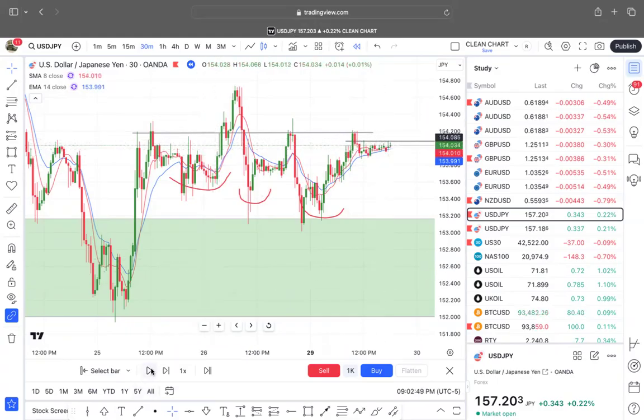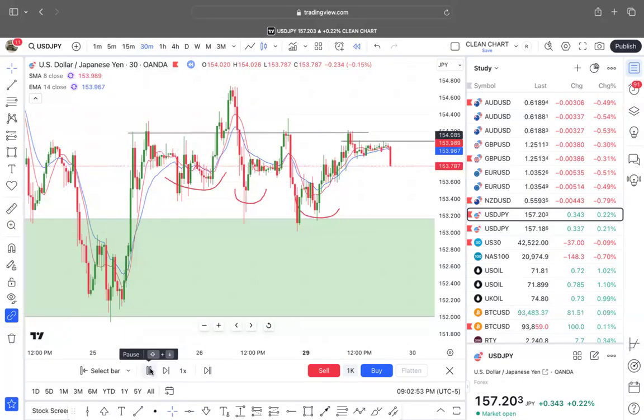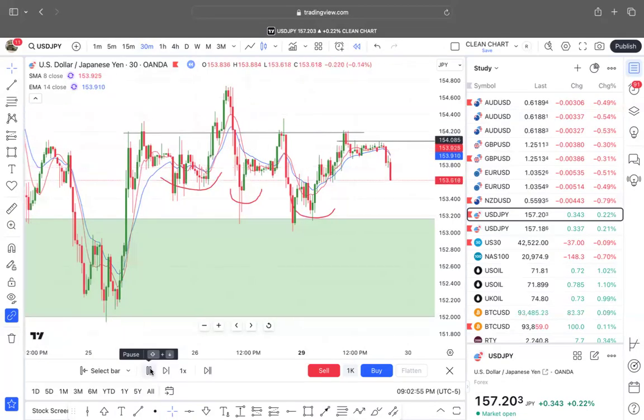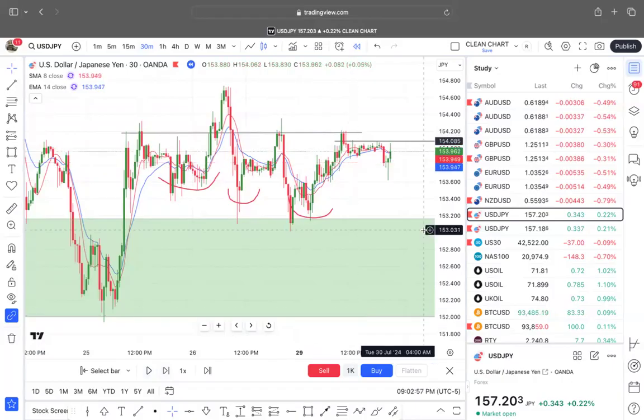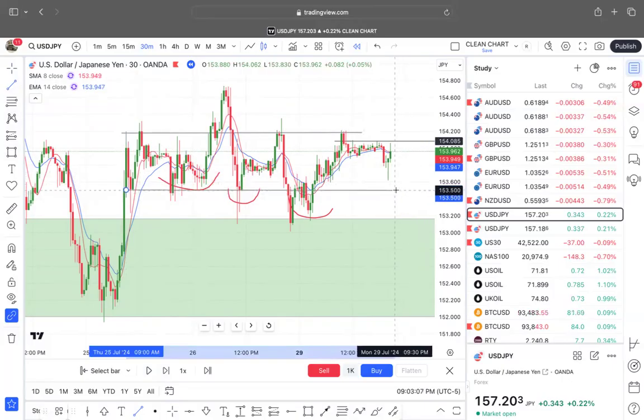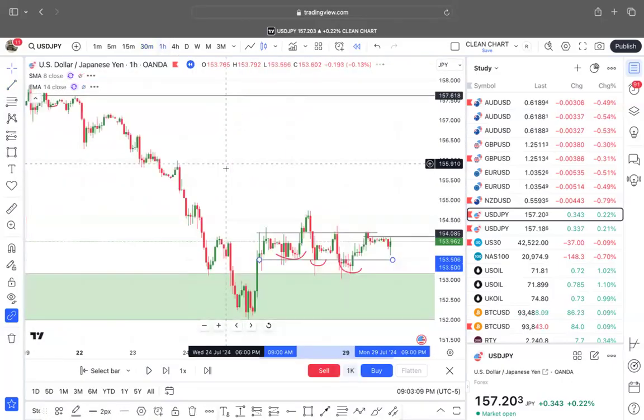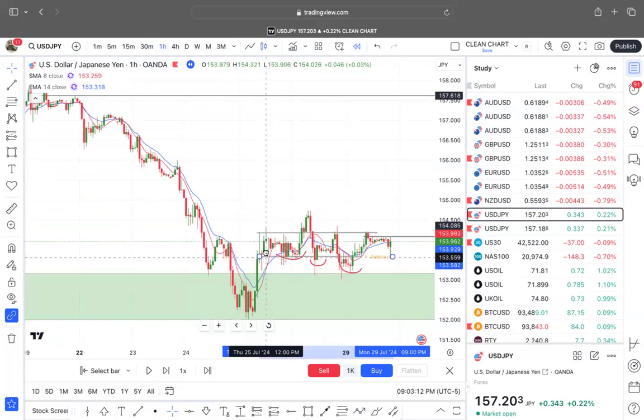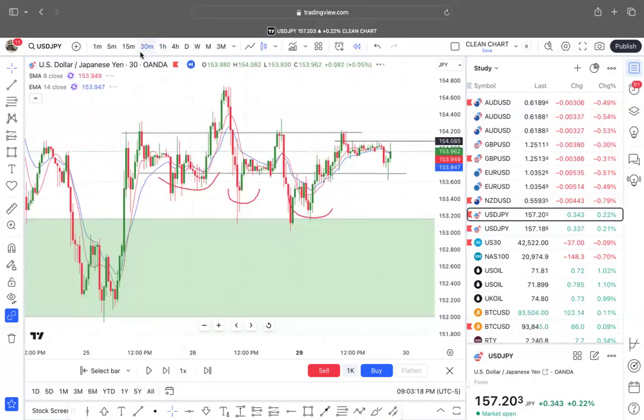Just look at this as it plays. What could have told me to get out? So what I'm seeing here is a clear sign of basically respect. That probably could have been the best area.